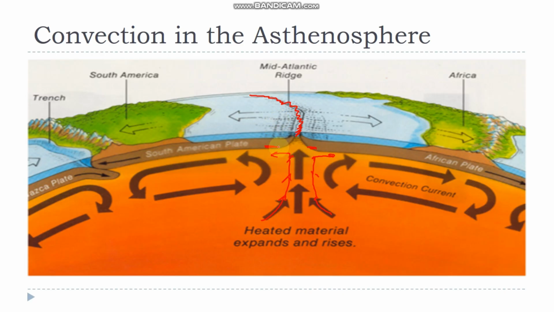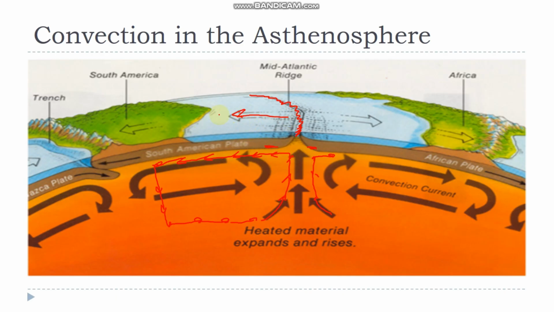And that plate sort of floats on this as the convection current continues and it moves this way, and eventually it's going to get so far away from the heat source that it becomes cold enough and it sinks, and then it warms up, and then it rises, and the whole thing happens all over again. That's called a convection cell. And the plate sort of moves on that convection cell.